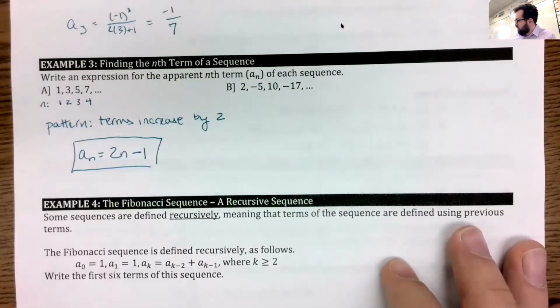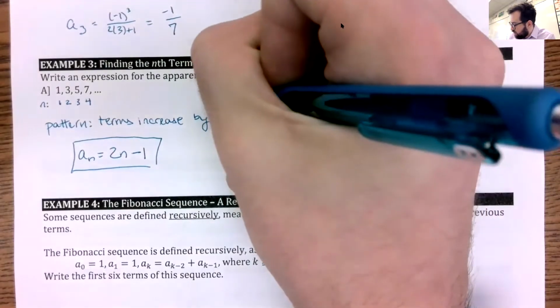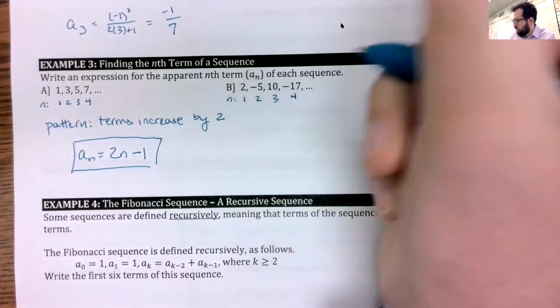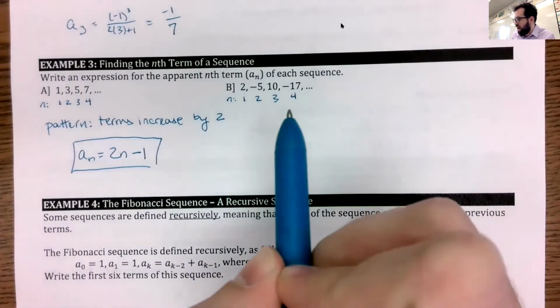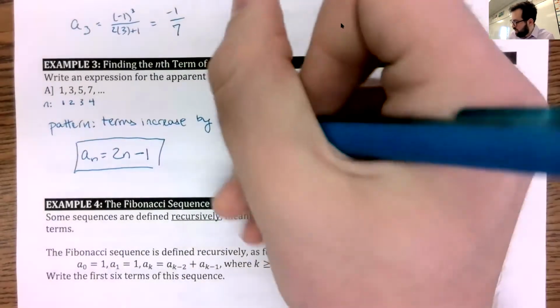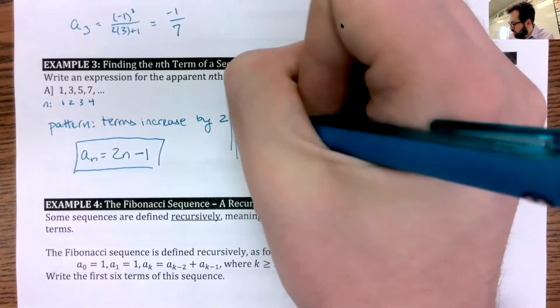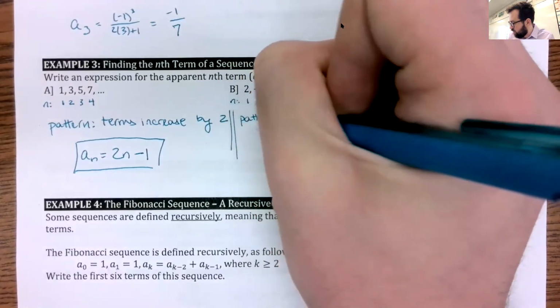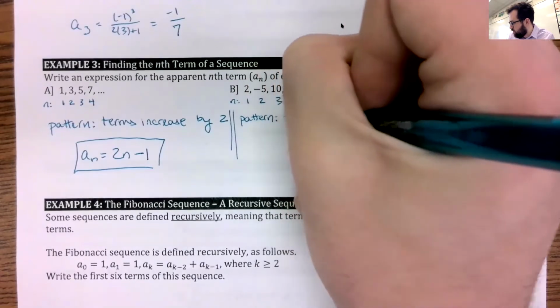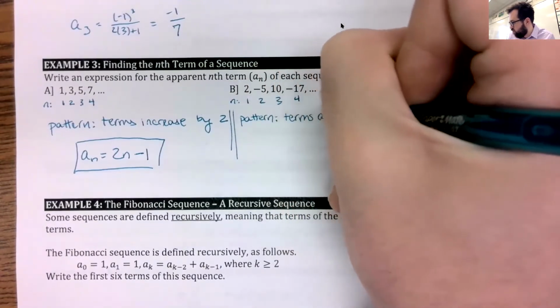All right, let's try letter B. So again, we're going to label the n's. And we're going to have to try to look for a pattern. So the first thing I notice is that these terms alternate in sign. So that's something that we can figure out how to do using a -1.